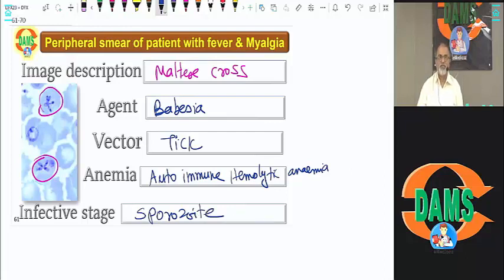Sporozoite. Infective stage is sporozoite. Because malaria, plasmodium, babesia, all infective stages are the same. But the vector is different.